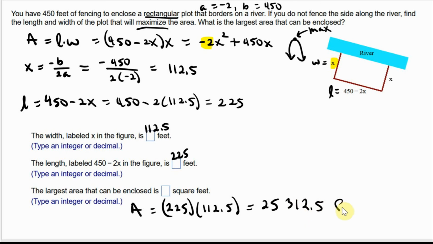That's going to be feet squared, right? And so they want us to just get an integer. So you'll put in there 25313, right? Just round that one up. And folks, that'll do it.